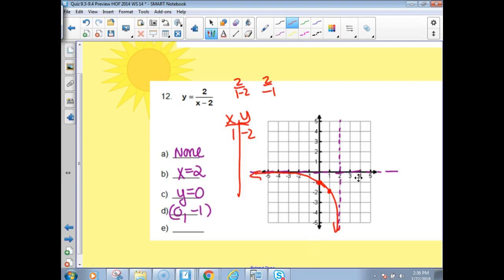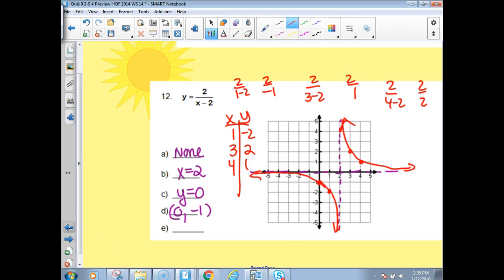Then I'm going to go to the right side of the vertical asymptote and stick in a 3 into my equation. It's going to give me 2 over 3 minus 2, which is 2 over 1. So I got (3, 2) for a point. And maybe we'll put in 4. 2 over 4 minus 2 would be 2 over 2, which is 1. Sketch.